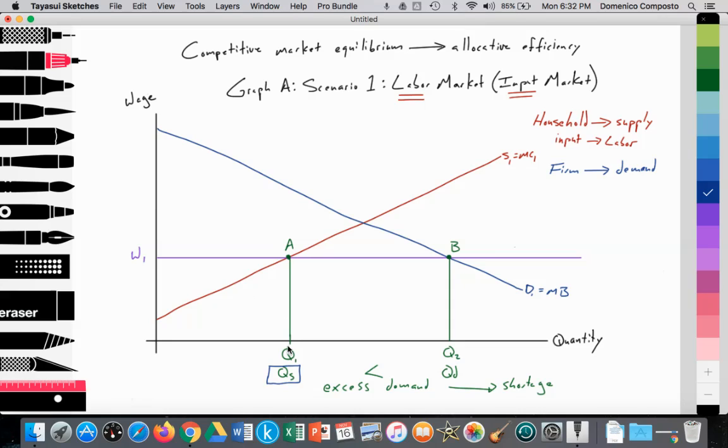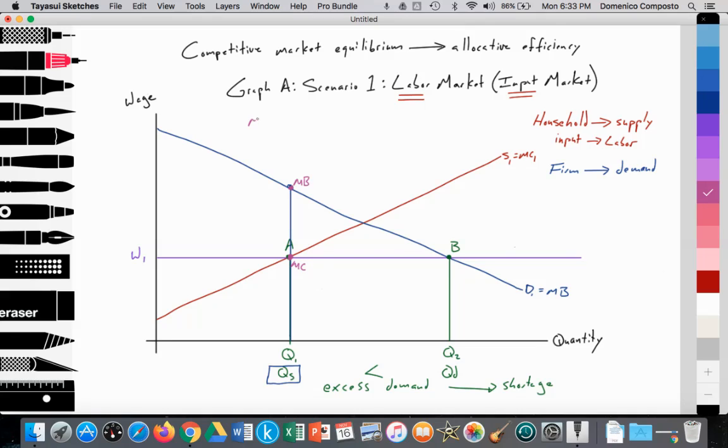So we're going to create another line from QS upwards to here. Okay, now highlight this point. So here we're touching the marginal benefit. So here, marginal benefit is greater than the supply curve here, the marginal cost.